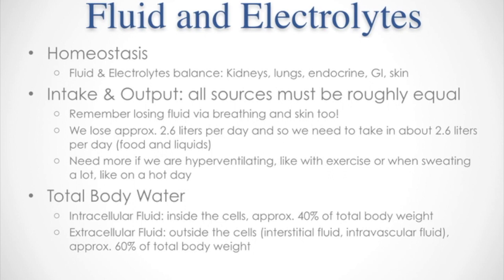A basic principle is that our intake and output from all sources must be roughly equal. And that is going to help us maintain fluid balance. And the body constantly strives for equilibrium.